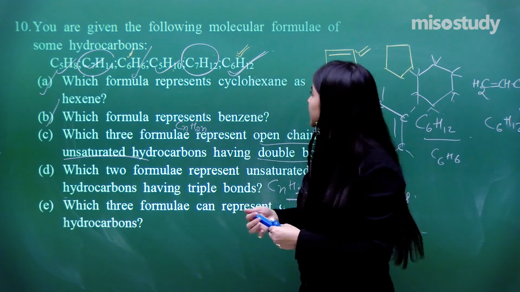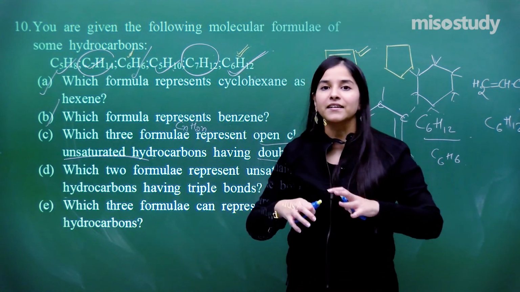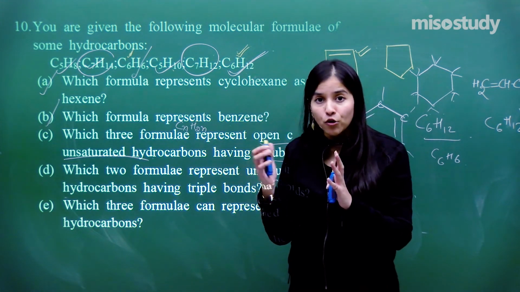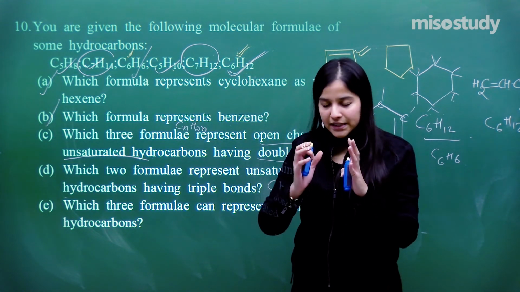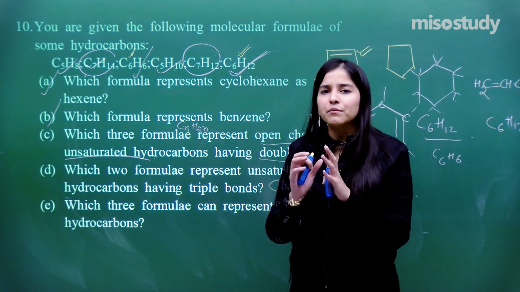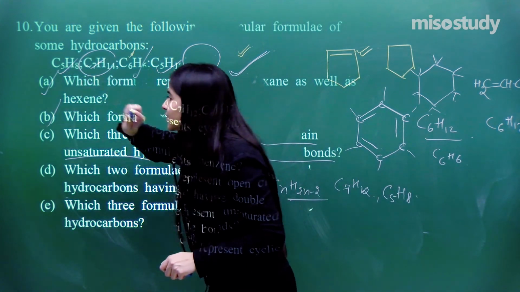This can be a possibility. In both cases, we can have a cyclic ring, but 5 or 6 membered would be the stable one, not the 7. Just remember that rings beyond 6 will be a bit unstable. So what you can consider is either this or this.